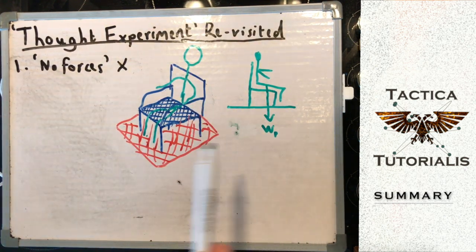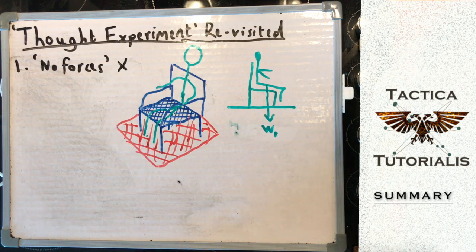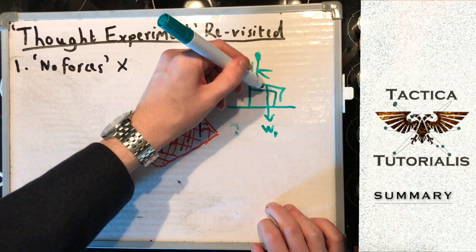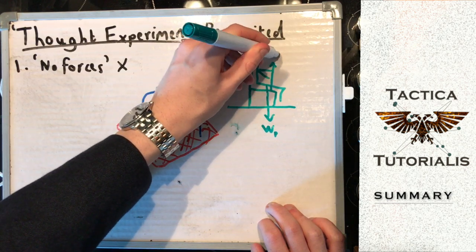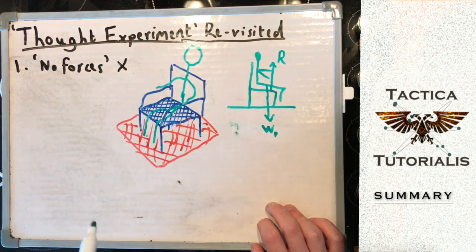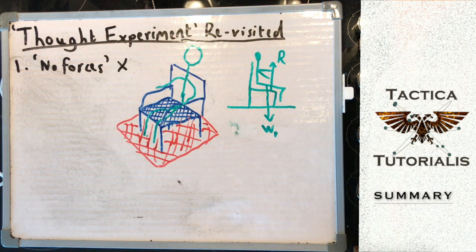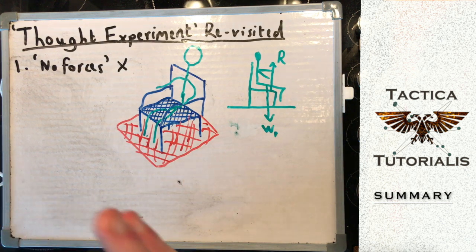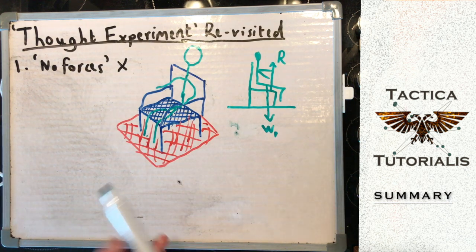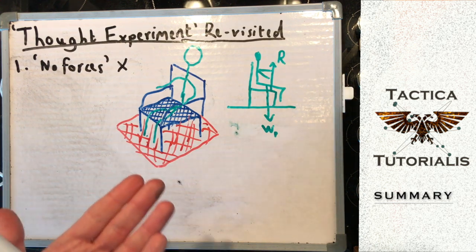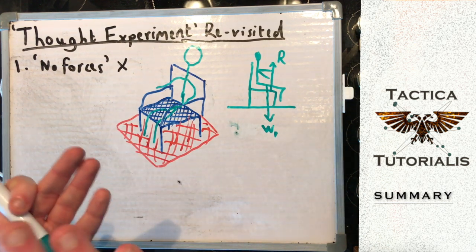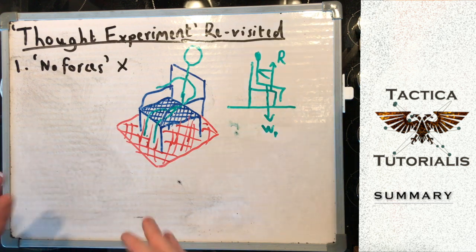But why therefore aren't they moving? Well, that comes back to our idea of resultant forces. You see, there is an upward force, which I'm going to call R, which is a reaction force from the chair on the person. So the chair is, if you like, holding them up, because when you sit on a chair, you don't fall through the chair.